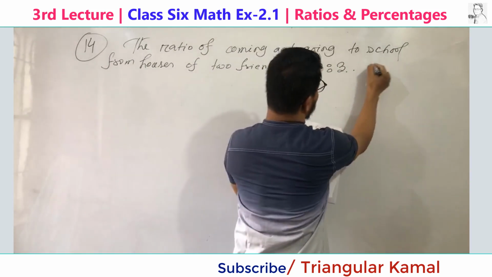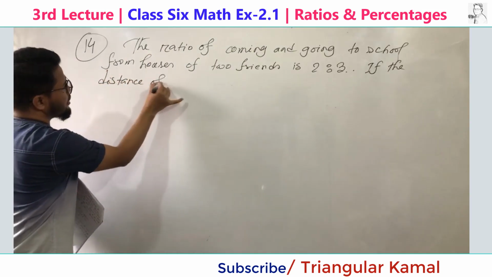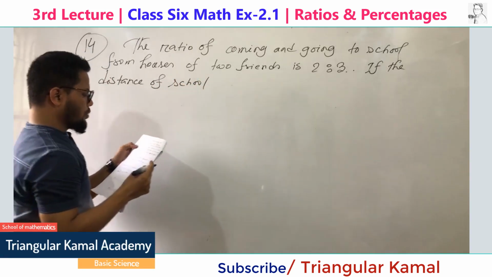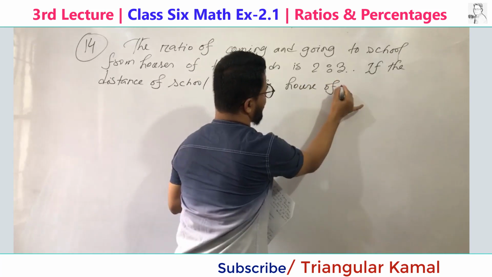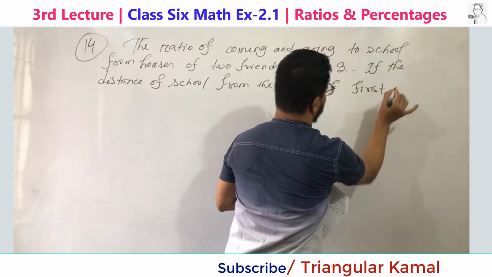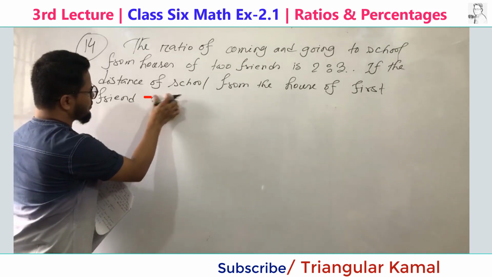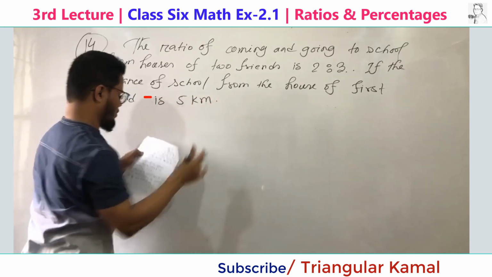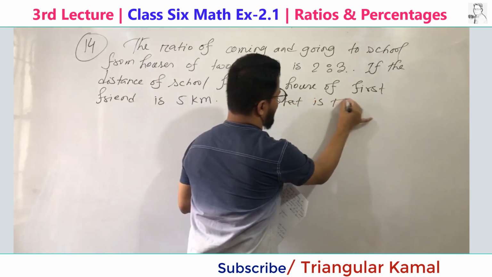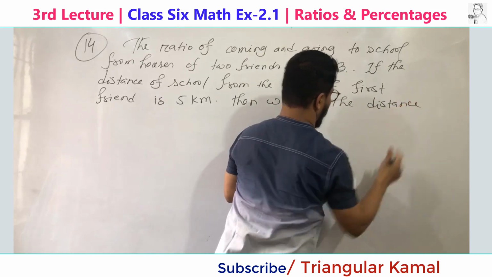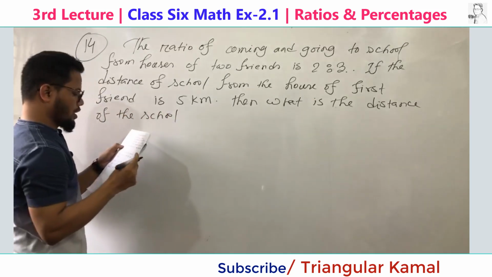If the distance of school from the house of first friend is 5 kilometers, then what is the distance of the school from the house of second friend?